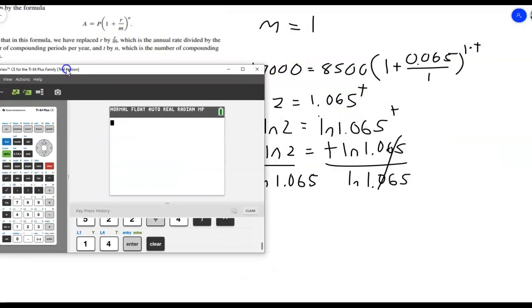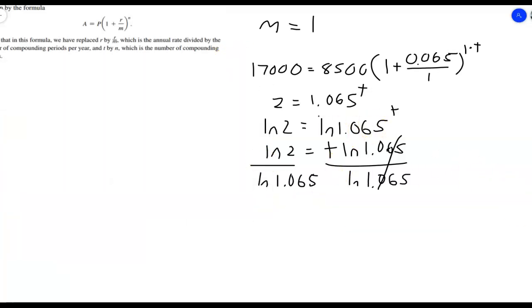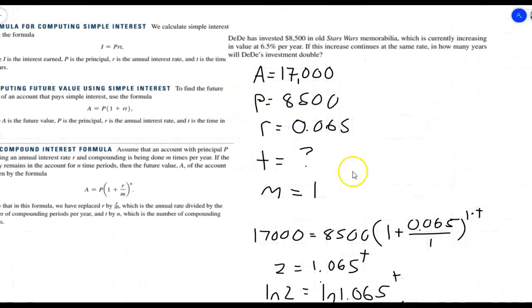So this is the natural log of 2 divided by the natural log of 1.065, and we're going to get about 11 years. So it's going to take about 11 years for this investment to double.